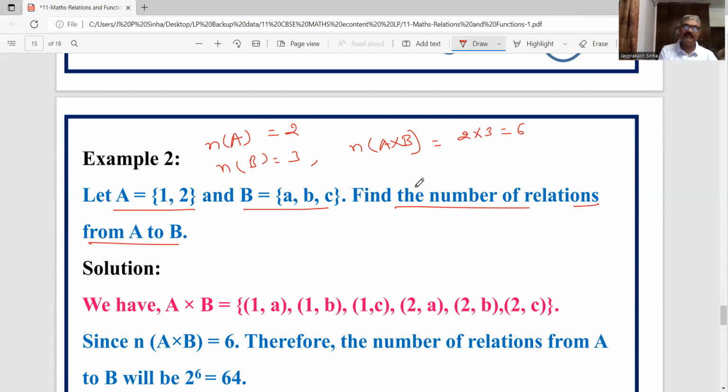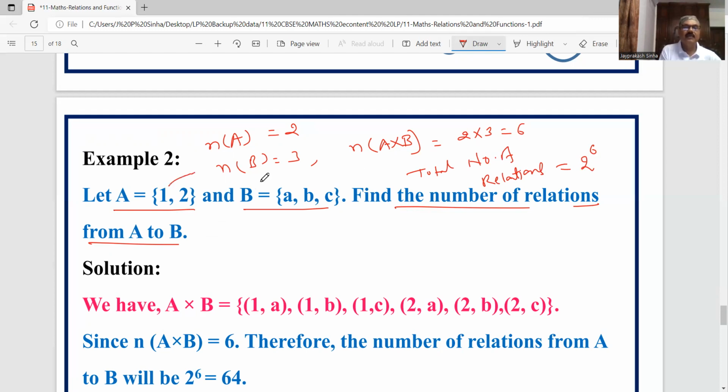Then we have already seen that formula, the total number of relations is equal to what? 2 to the power 6. Correct? So here the same thing again. In the Cartesian product of A and B, there will be 6 ordered pairs.